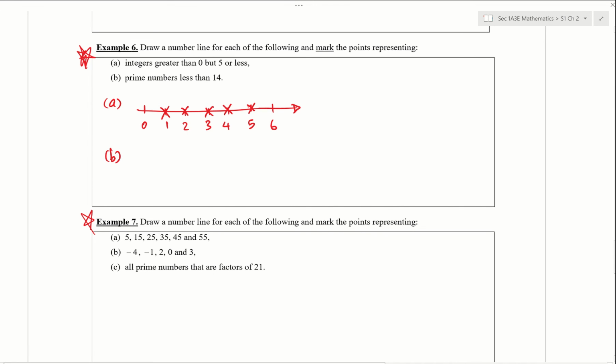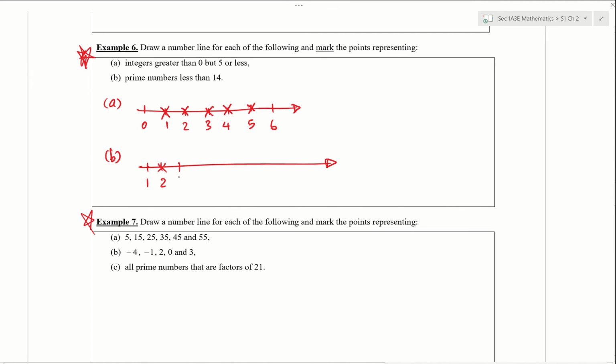And then for part B, prime numbers less than 14. So what is the smallest prime number? 2. So minimally, you have to start at, I think 1 before is fine. Draw a number line. Let's start at 1. But we know that 1 is not a prime number. Then we've got 2, draw a cross. That's our first prime number.